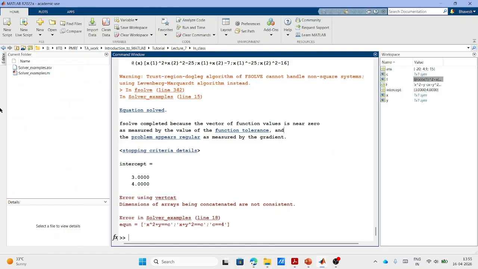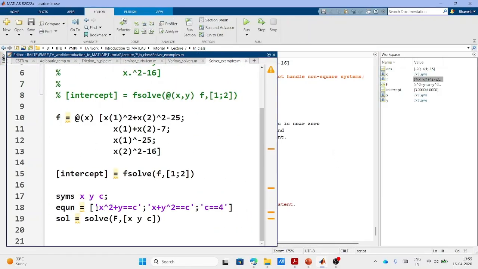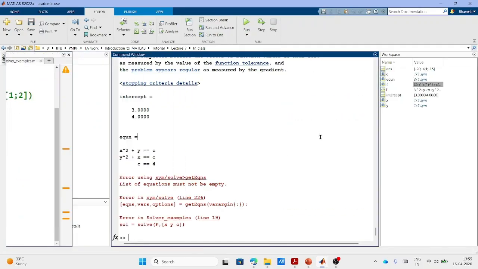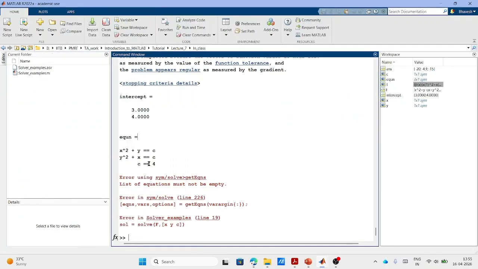And then if I run it, let me remove this part. So this is your solution. So sorry, these are your equations, and then the solver says list of equations must not be empty.